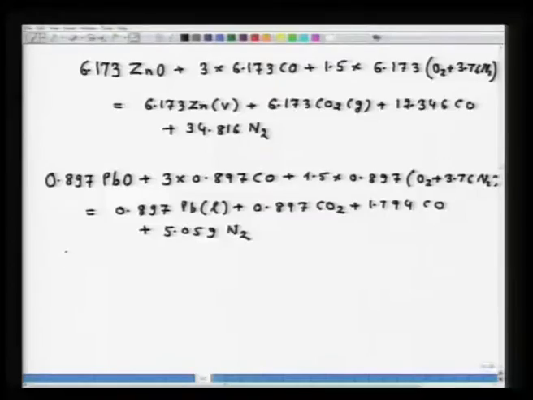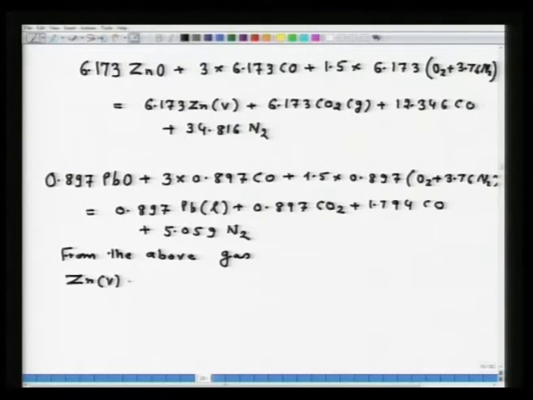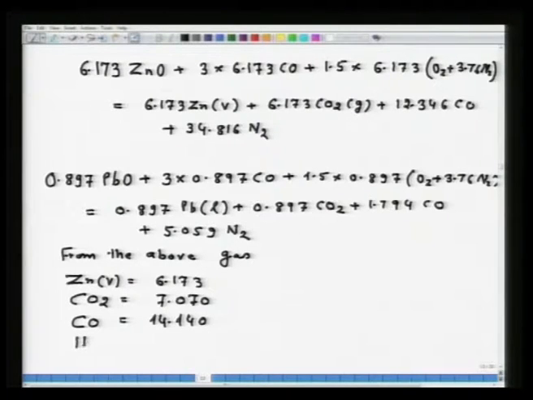So, from the above equations, the gas consists of Zn vapor equal to 6.173, CO2 7.070, carbon monoxide 14.140 and nitrogen equal to 39.875.